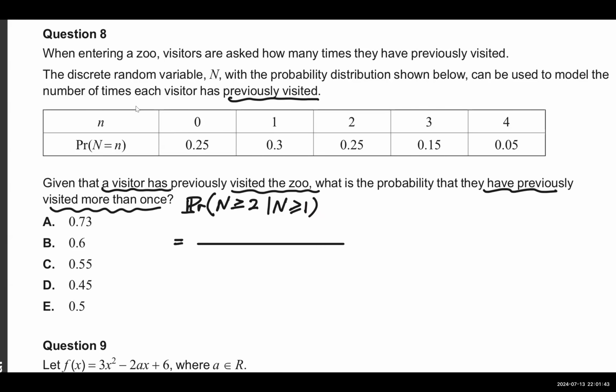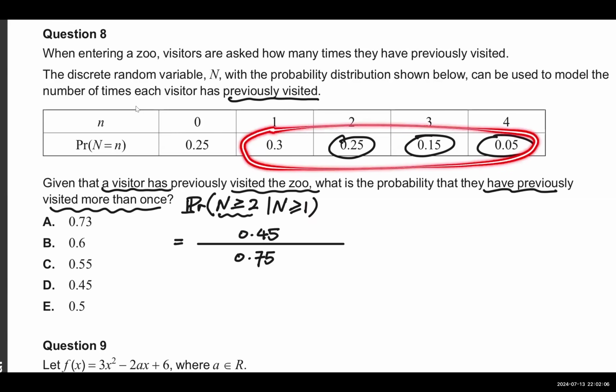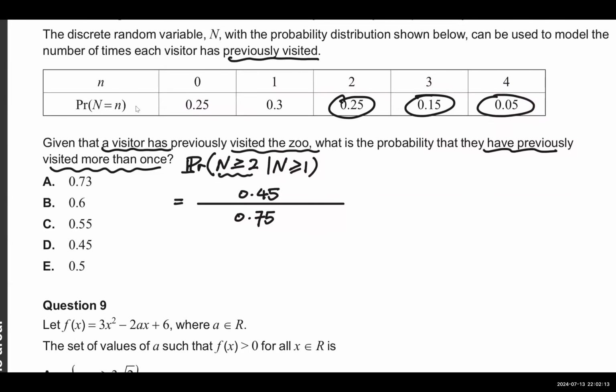And if you count the probabilities for n greater than or equal to 2, you've got 0.25, 0.15, and 0.05. Altogether, you should be able to get 0.45. And 0.3 plus 0.45 will give you 0.75, which covers everything excluding this case for your condition sample space, okay?